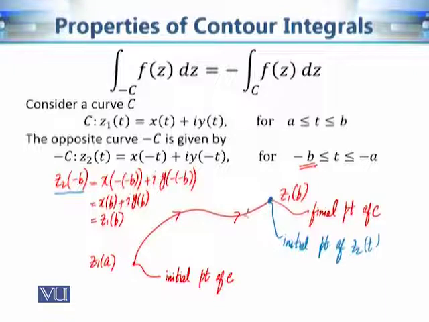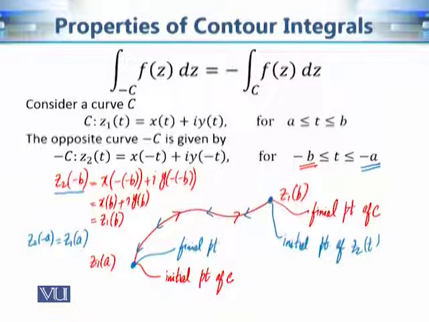Similarly, if we move on in this direction and calculate the final point of z2 of t, we put t equal to minus a, and we can easily see that z2 of minus a is equal to z1 of a, which is the final point of minus C.